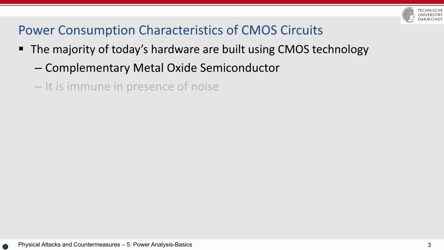And there is a reason for that. There is a reason that CMOS is so widespread, and most of the devices are based on CMOS technology. One of the reasons is immunity in the presence of noise. What does it mean? First of all, in logic circuits, we show the logical values by the level of the voltage.